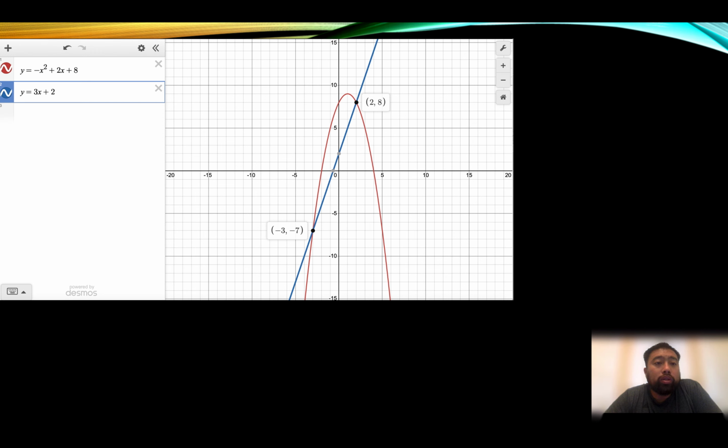And guys, after you graph it in Desmos, if you look at the left, we have the red, which is a quadratic, and we have the blue line, which is a linear line. You see that it intersects twice, so there will be two answers. The first answer would be negative 3, negative 7, which is right there. And on the top half, the second answer will be 2, 8.